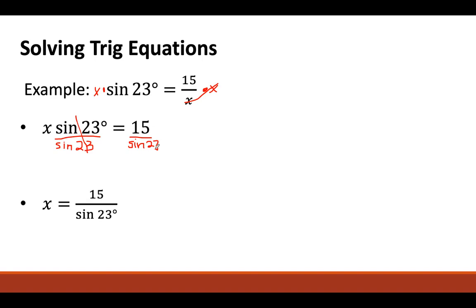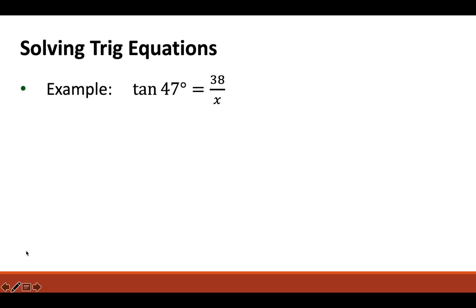And so you get x equals 15 over sine 23 degrees. On your calculator, you would type it as 15 divided by sine 23. Okay, put that in your calculator and you should get x equals 38.4 when rounded to the nearest tenth.